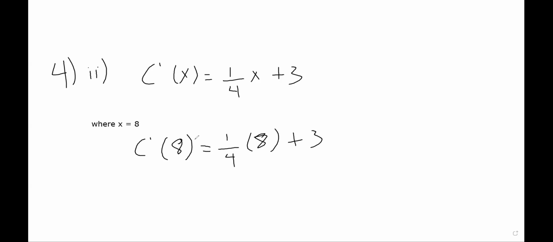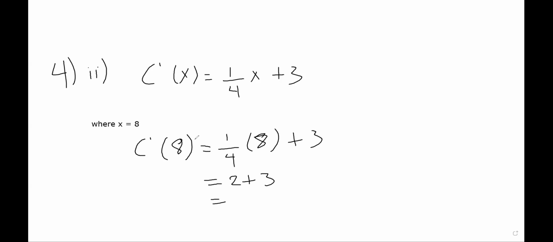Cool. Then the simple mathematics. 8 times a quarter is equal to 8/4. Then we simplify that by dividing through. So 8 divided by 4 is equal to 2. So we get back 2 here. So 2 plus 3.